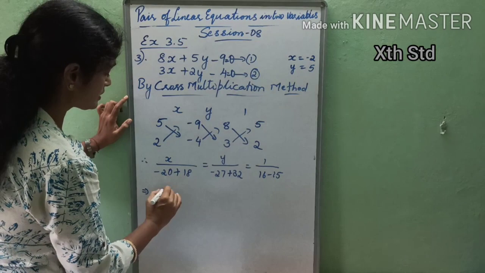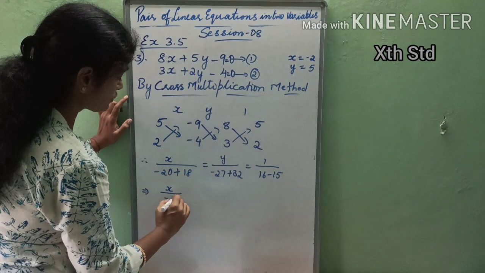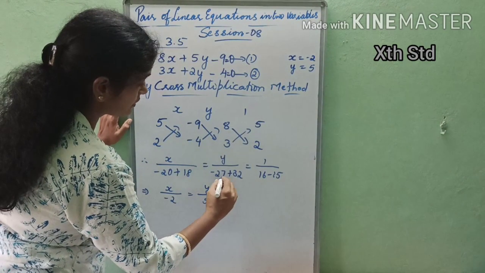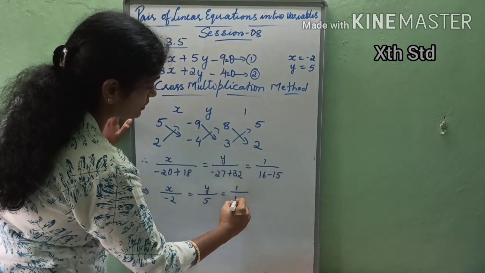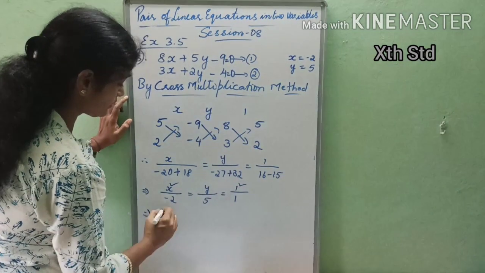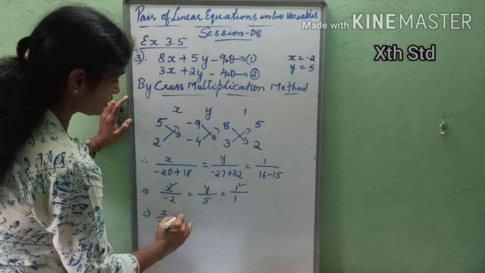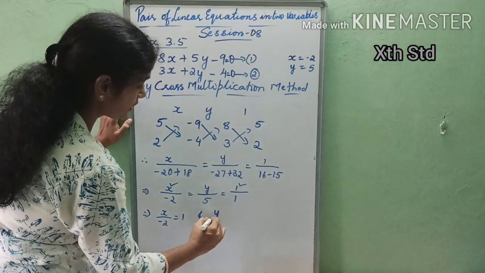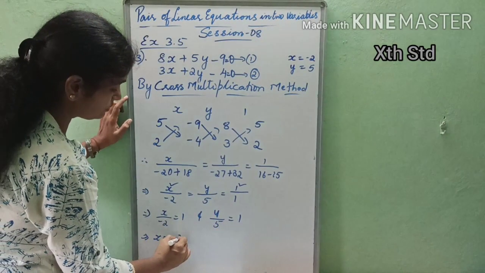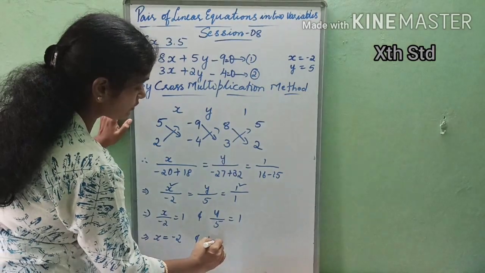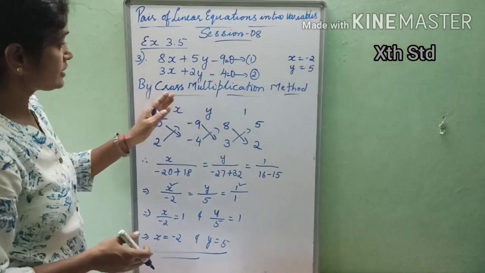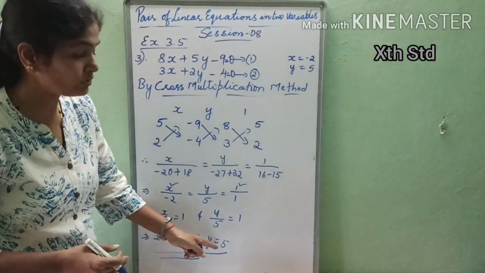Now, which implies x by minus 2 equal to y by 5 equal to 1 by 1. Therefore, we will take the first one and the last one. x by minus 2 equal to 1 and y by 5 is equal to 1. So, cross multiply this. x is equal to minus 2 and y equal to 5.